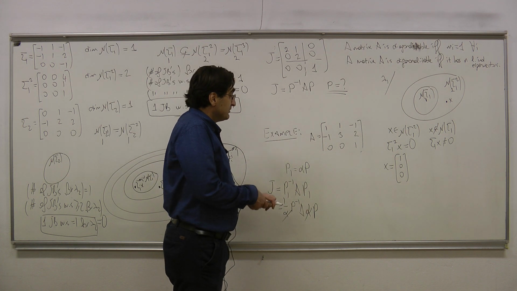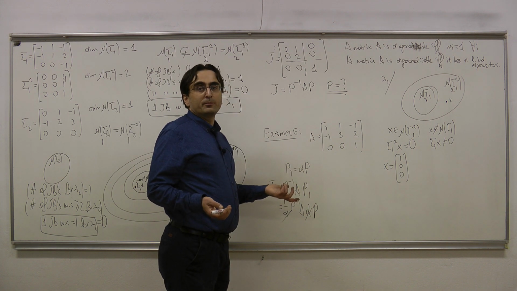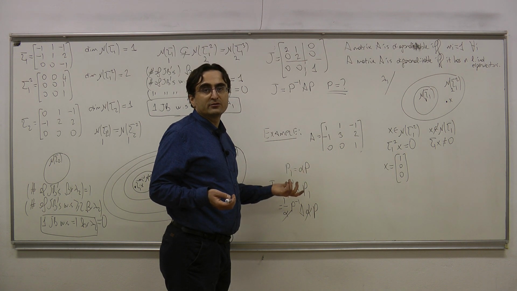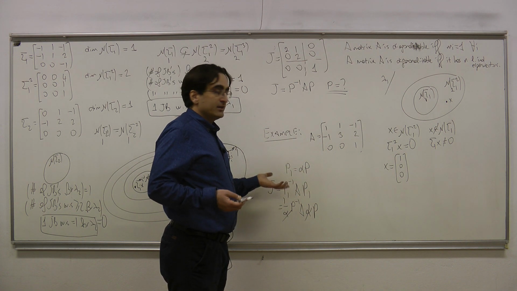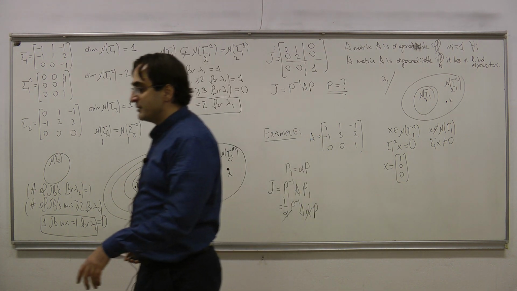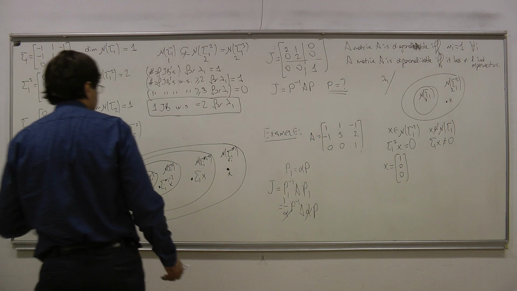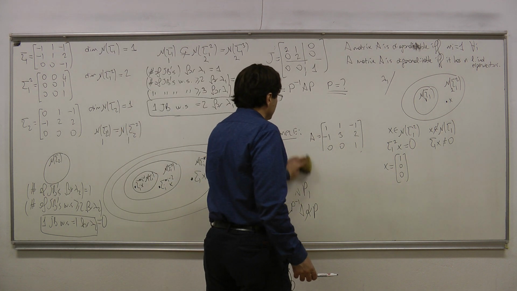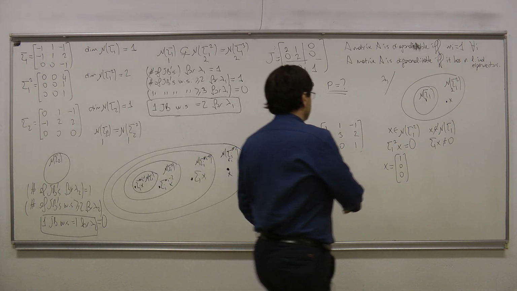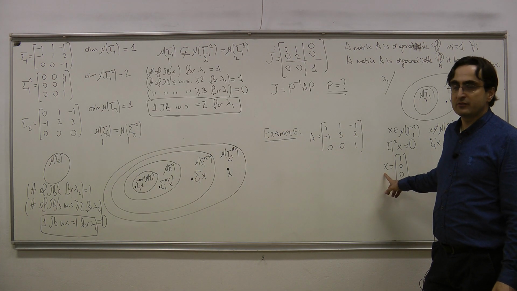Okay? So even when you find a single non-zero P matrix, by scaling it with a non-zero factor, you get another P matrix. So this actually proves that there are infinitely many P matrices that I can find. So here I'm looking at only one of them. Okay? So here, therefore, I can choose other X vectors as well.